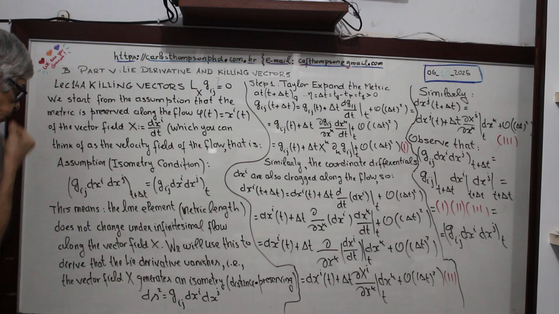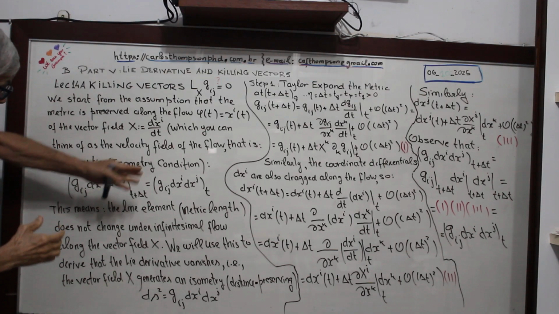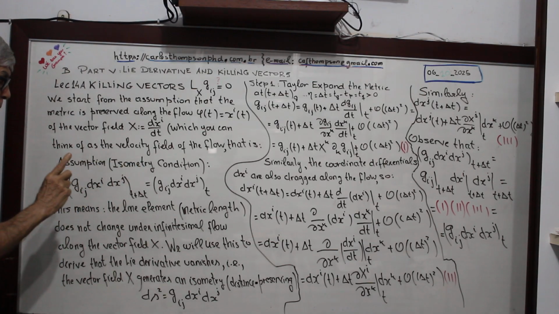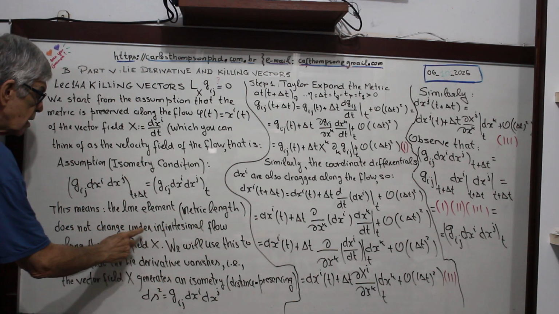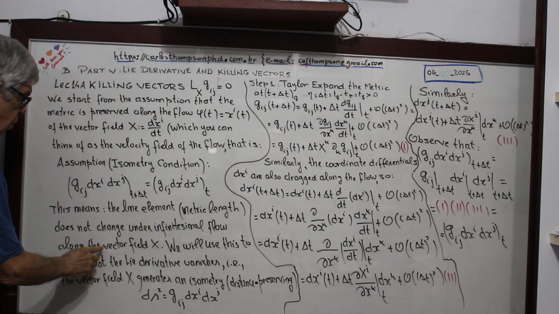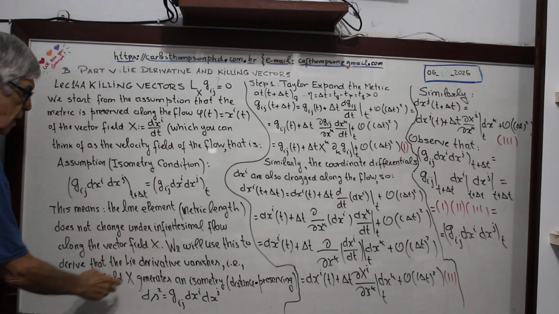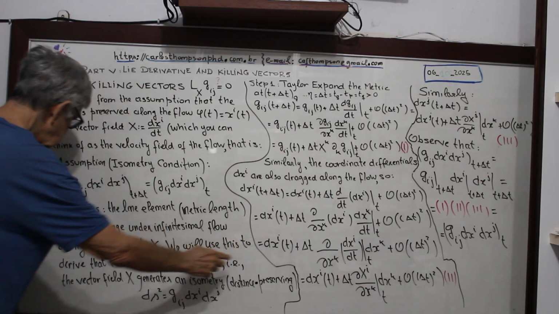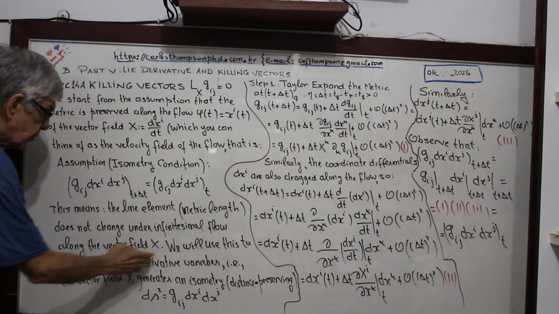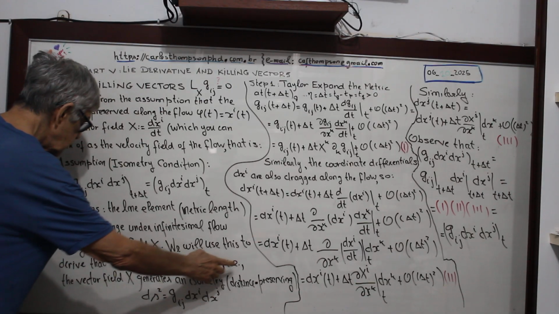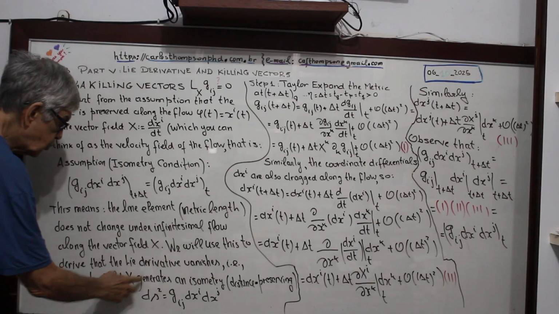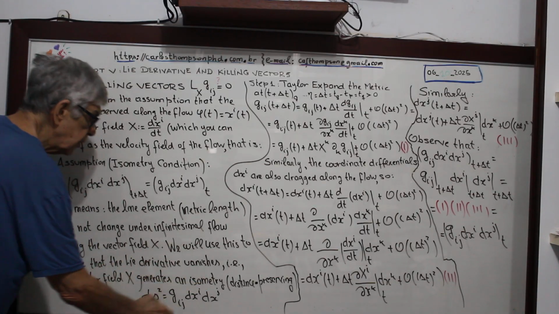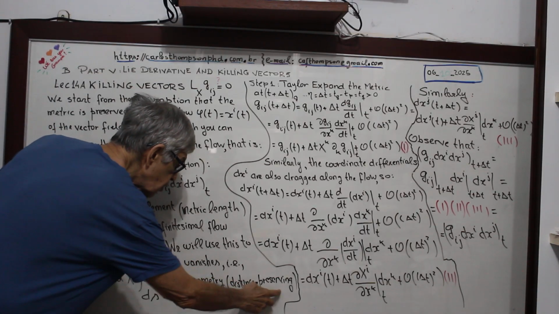plus delta t. What this means is that the line element, the metric length, does not change on infinitesimal flow along the vector field X. We will use this to derive that the Lie derivative vanishes. In this case, the vector field X generates an isometry, distance preserving.